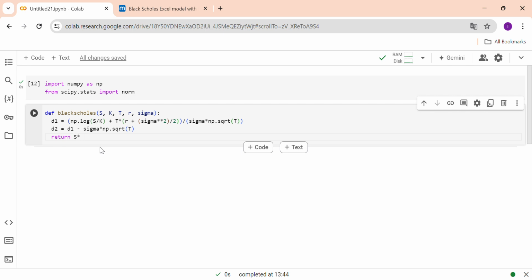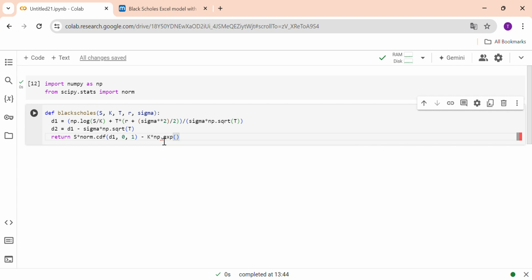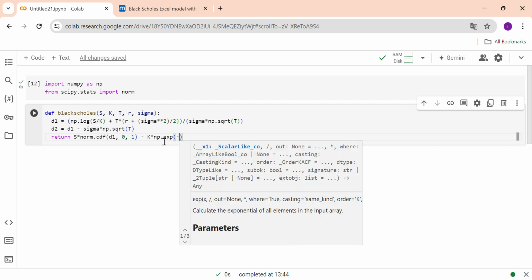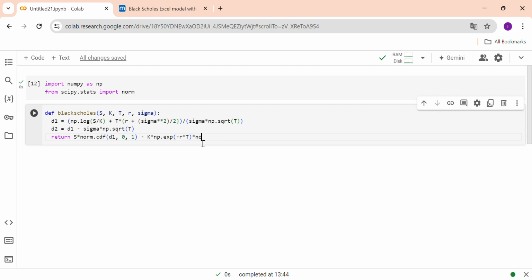So we will be writing S into norm.cdf of d1 with mean of 0 and variance of 1, minus, we know the formula, K into exponential of minus r into t, and multiplied by norm.cdf of d2, as simple as that.